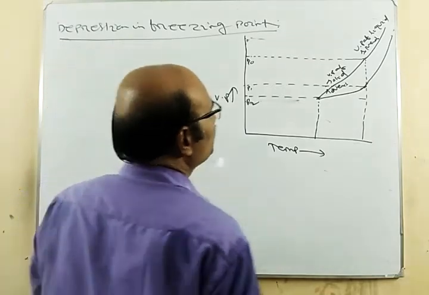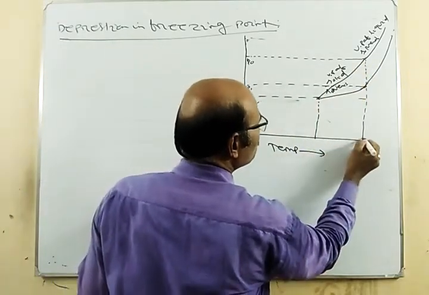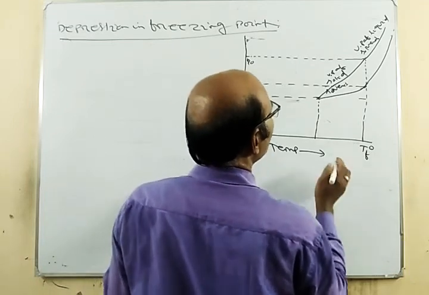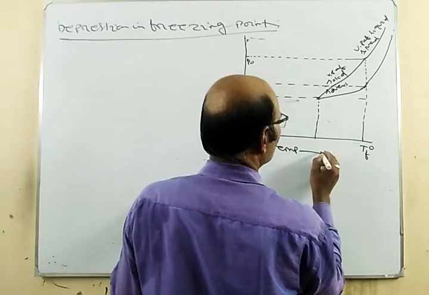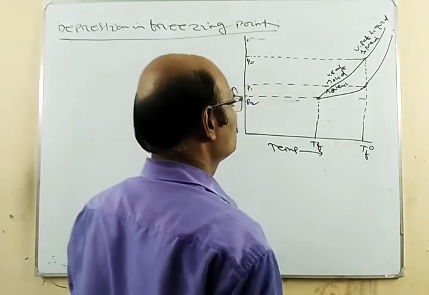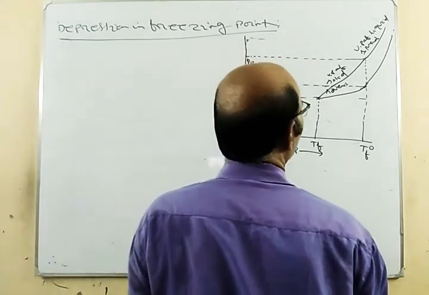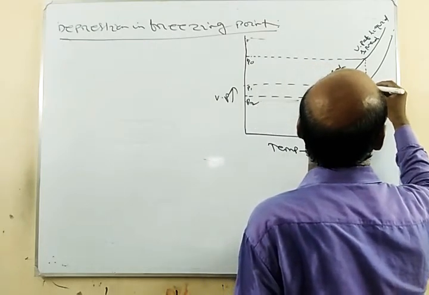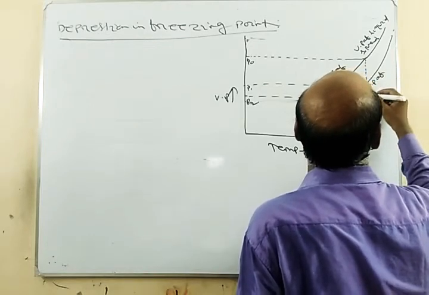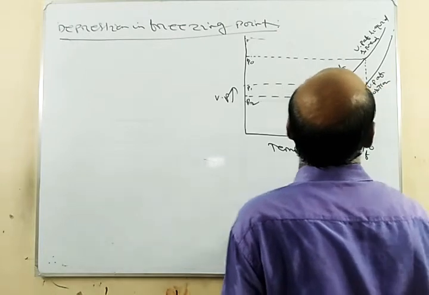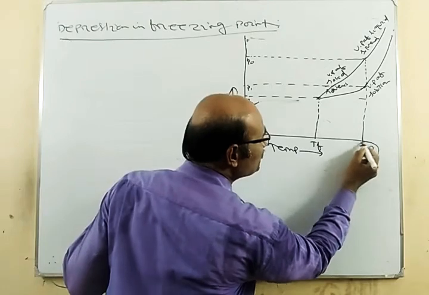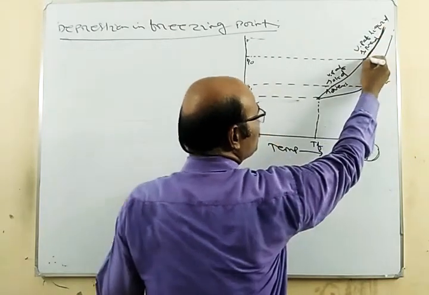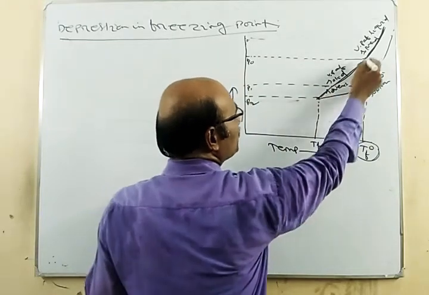Here you see this is the temperature TF0, where the vapor pressure of the liquid solvent and the solid solvent are equal.